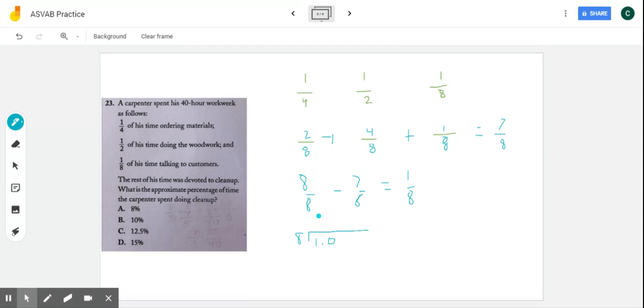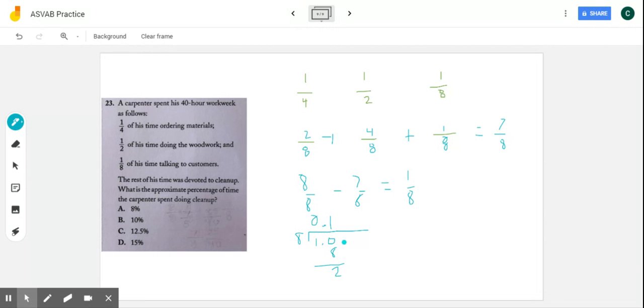So 8 doesn't go into 1, so we put a 0 there, bring up the decimal. 8 goes into 10, so we ignore the decimal and it goes into 10 once. And then 8 times 1 is 8. Subtract 10 minus 8 gives us 2.